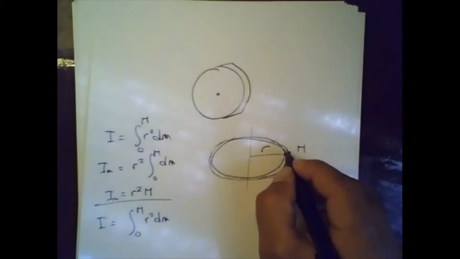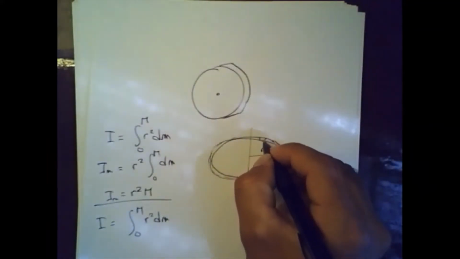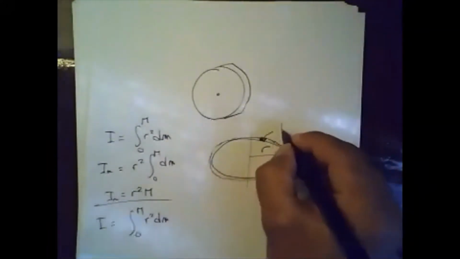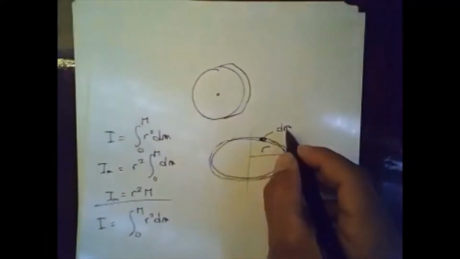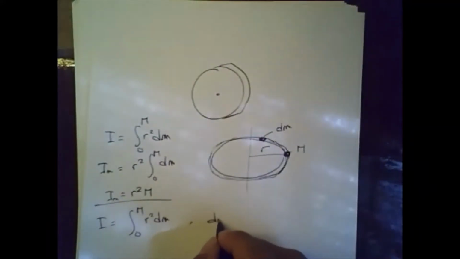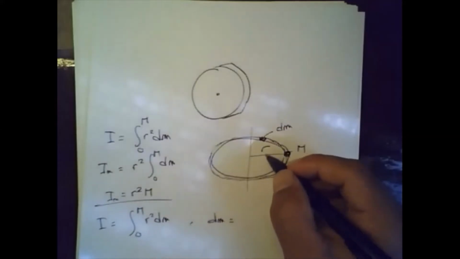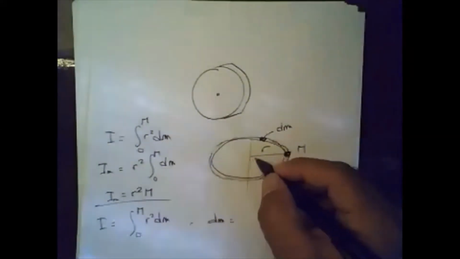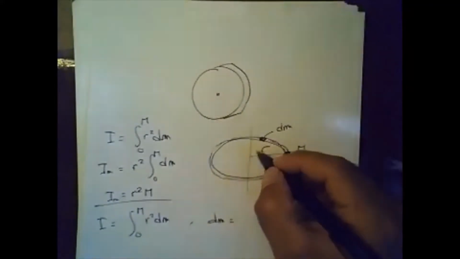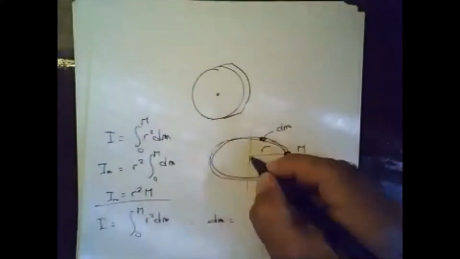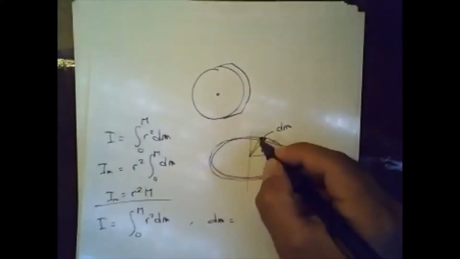If I take an element like this, this is my dm. I can relate this dm to d theta.